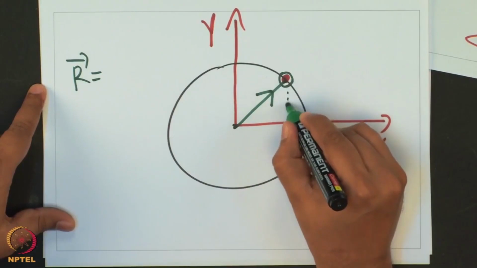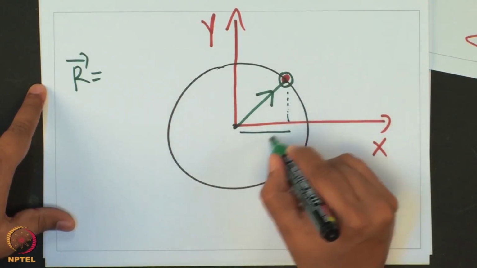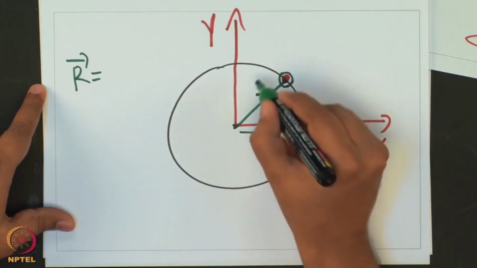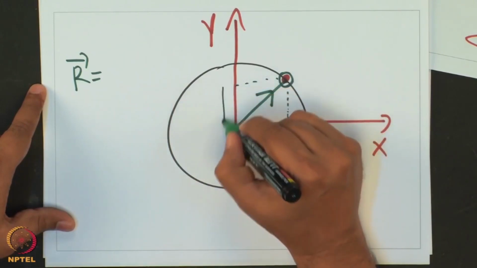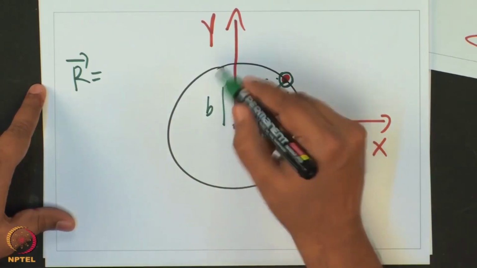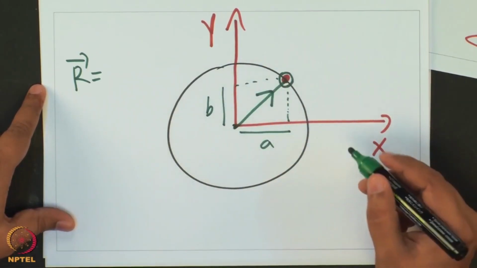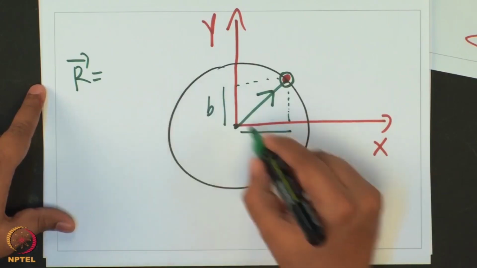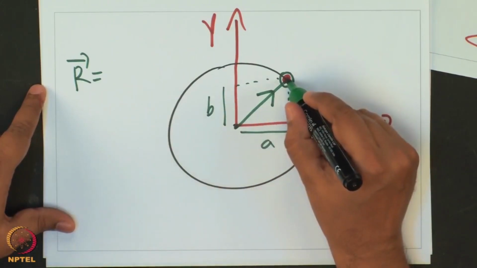I could call this distance a, which could be 3 units, 4 units, whatever, and this distance b, which is again some number; a and b are some two numbers.